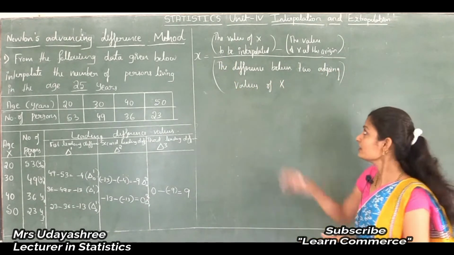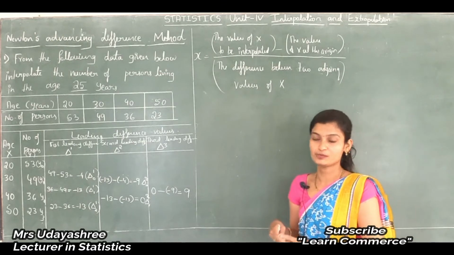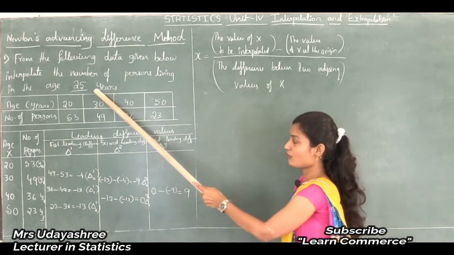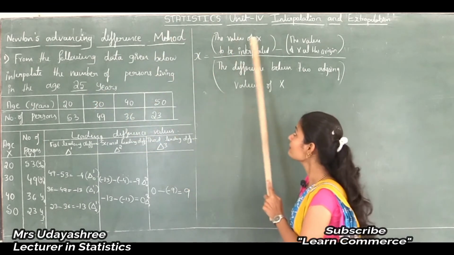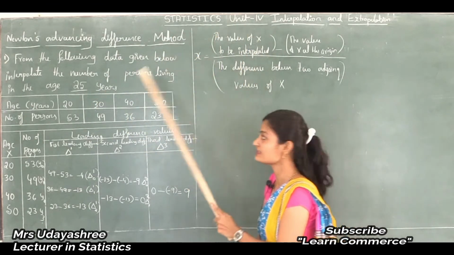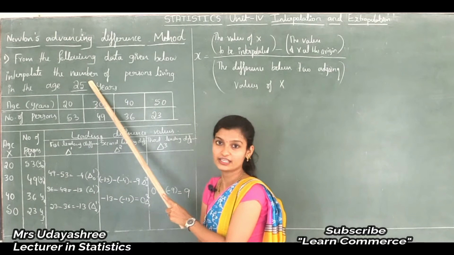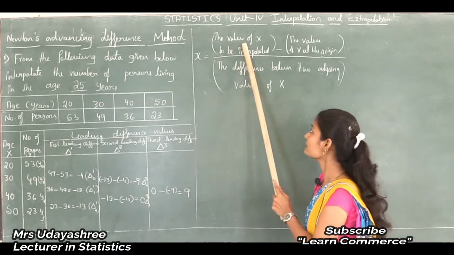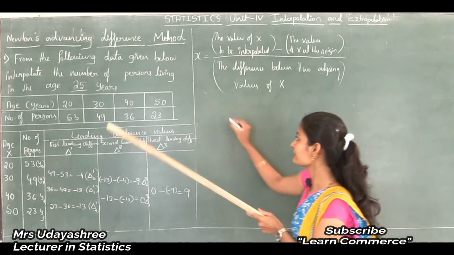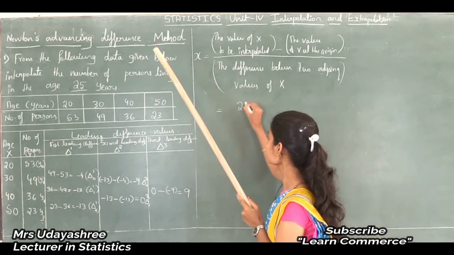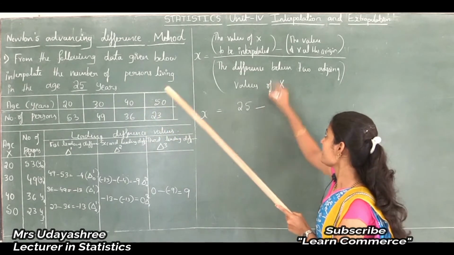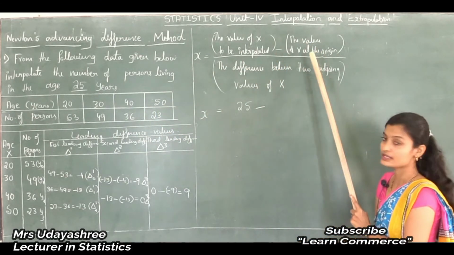See here, the value of x to be interpolated is given in the question, that is 25. Therefore in the place of the value of x to be interpolated I will write 25. So x is equal to 25 minus the value of x at the origin.